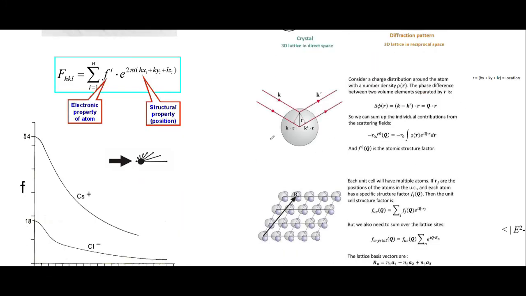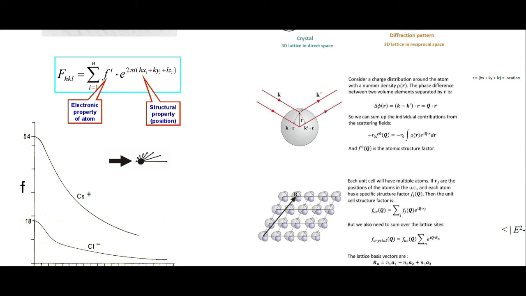The atomic structure factor has to do with the way that the X-rays actually reflect off of the atom itself, and so this is the atom. What we get here says that the charge distribution around the atom, which is just the electron cloud around the atom, is going to affect the size of the atom.